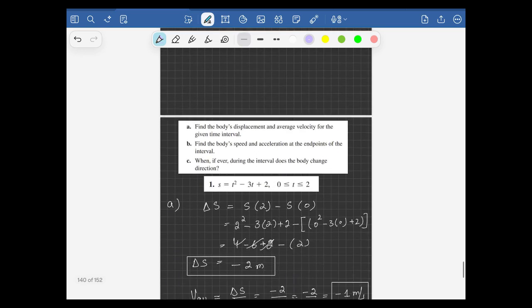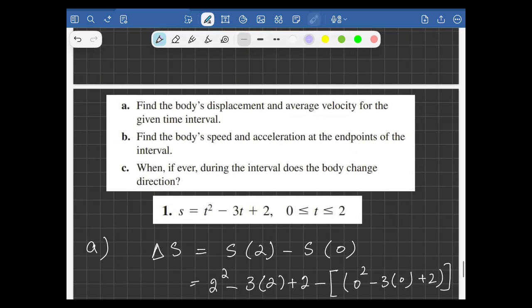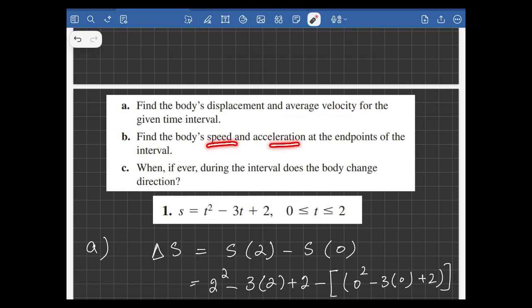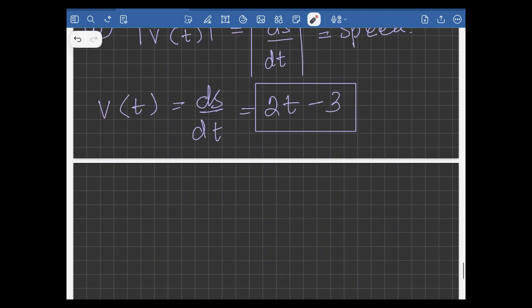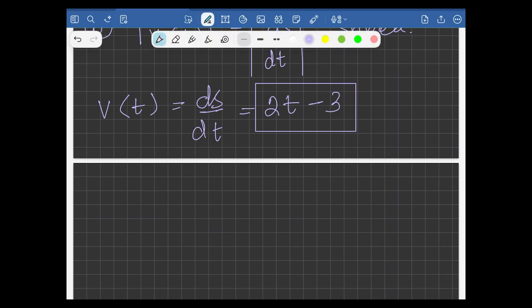They said find the absolute values, find the speed and acceleration at the endpoints. 0 and 2 are the endpoints. So let's find the speed at the endpoints now. To find the speed at endpoints, let's take the absolute value of v at t, which is 2t minus 3. At the first endpoint, 2 times 0 minus 3 is minus 3.